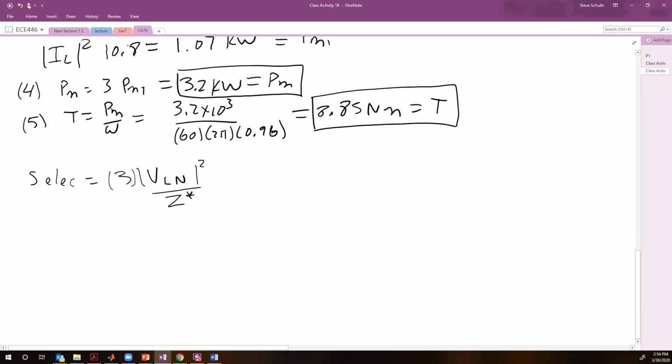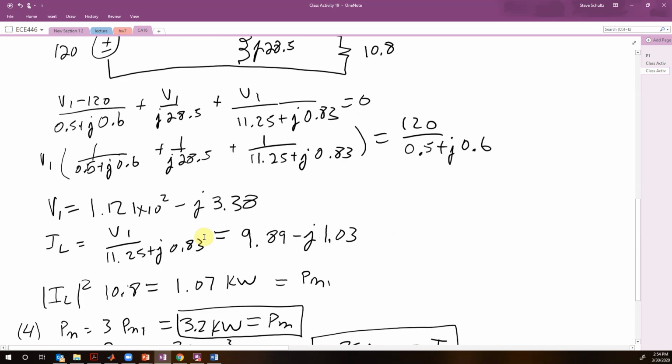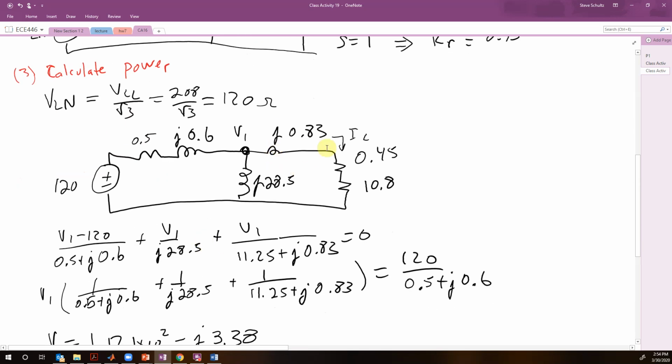So then we just have to find our total impedance. So it's going to be these 3 in parallel with that, in parallel with that.